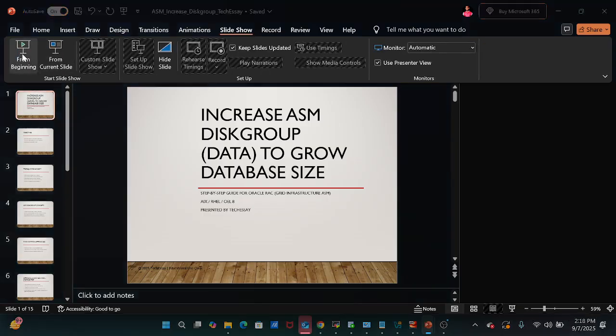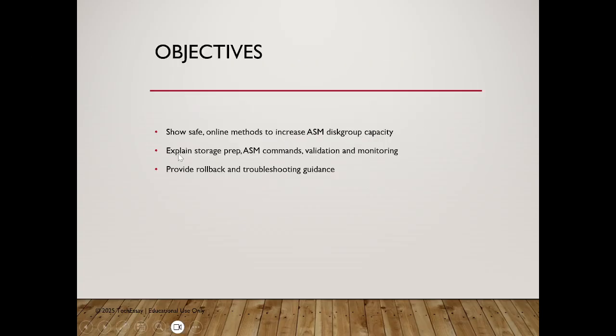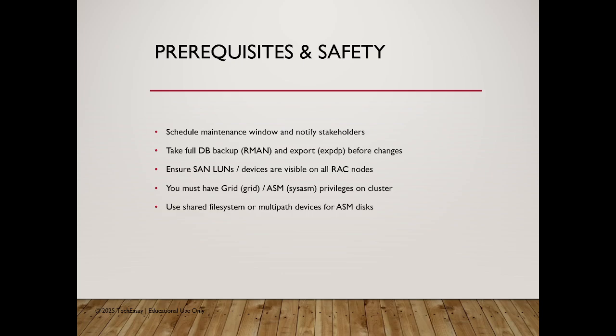Our objective is a safe online method to increase the ASM disk group capacity, explain the storage preparedness and some basic commands, and validate and monitor whether our data disk group size has actually increased or not. I will also provide rollback and troubleshooting guidance if you get stuck somewhere.